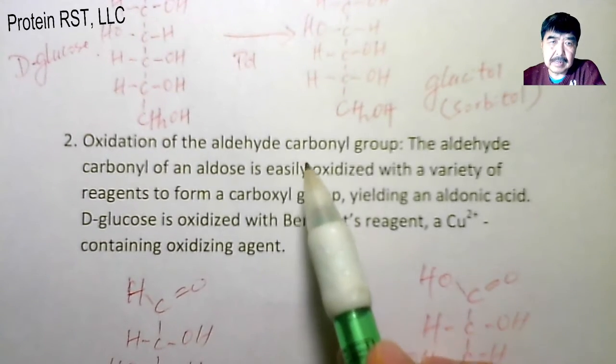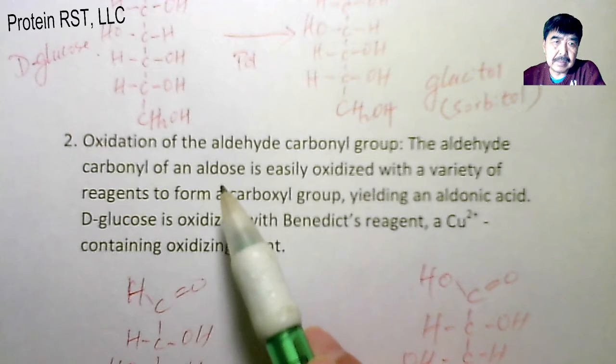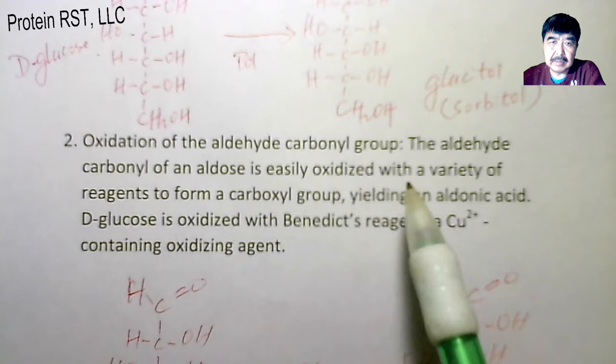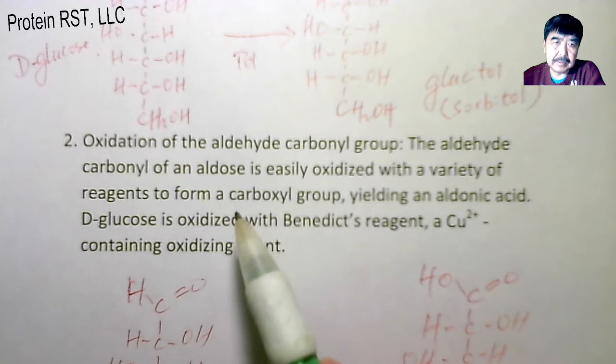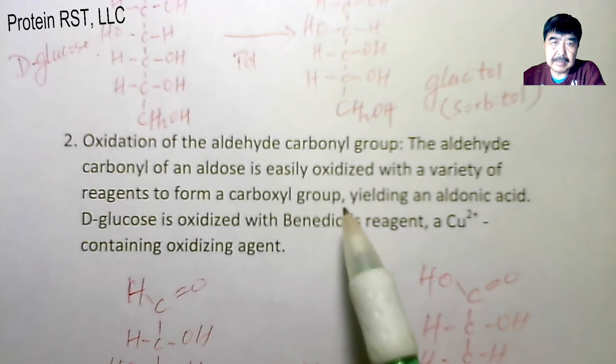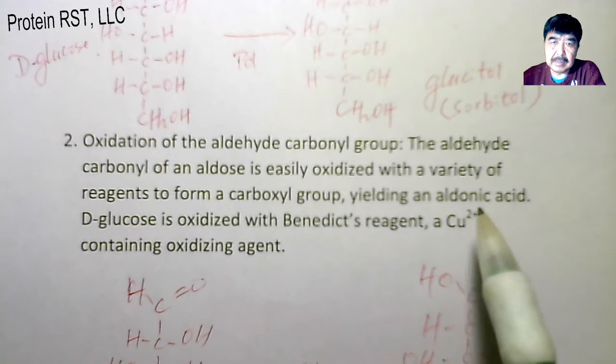Oxidation of the aldehyde carbonyl group. The aldehyde carbonyl of an aldose is easily oxidized with a variety of reagents to form a carboxy group, becoming the acid, yielding the aldonic acid.